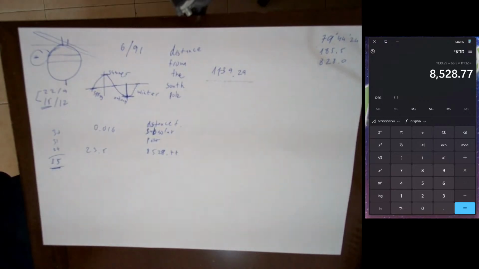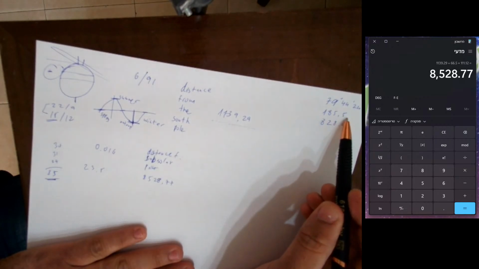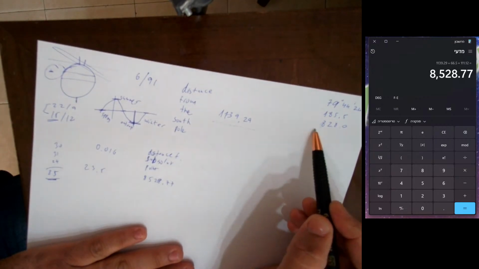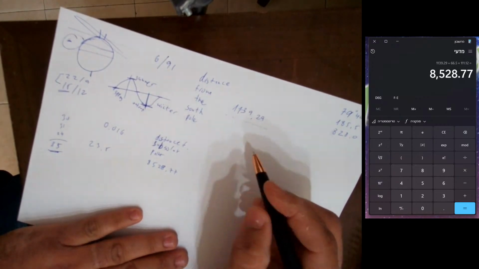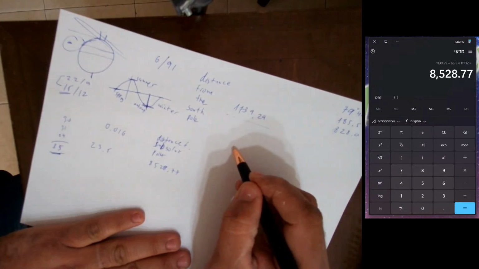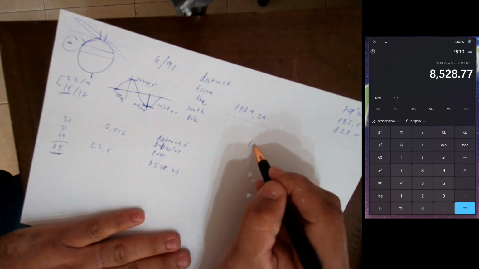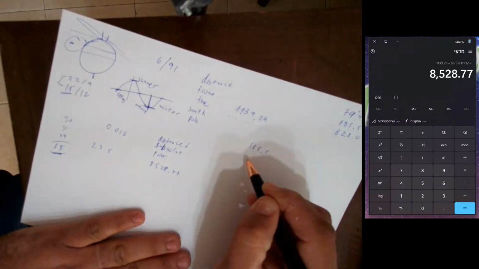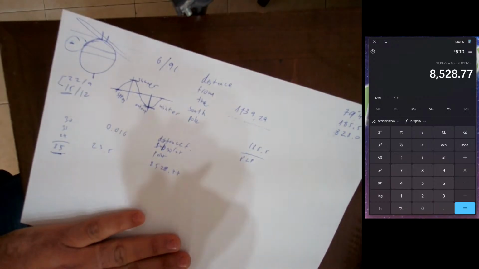Okay, so we know this is the length of the stick, this is the length of the shadow. Now let's calculate the angle. So we do this: 185.5 over 828 is the tangent of the angle.